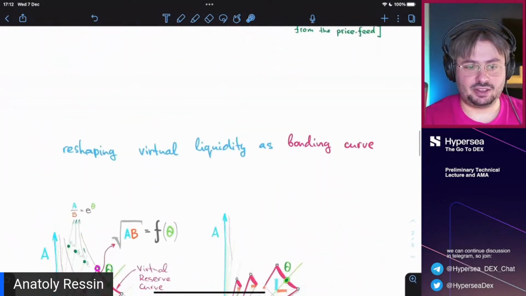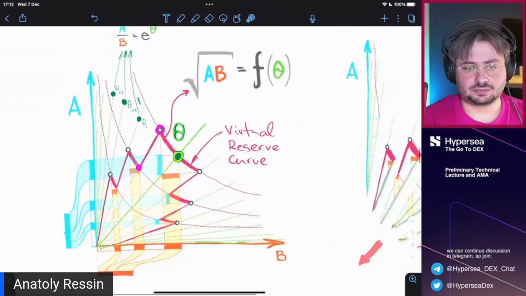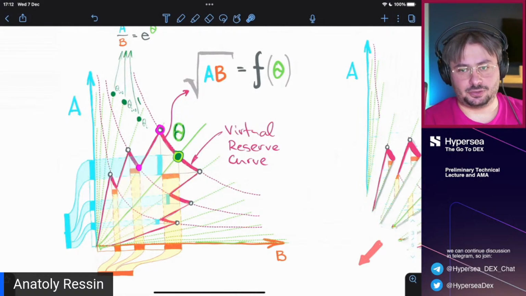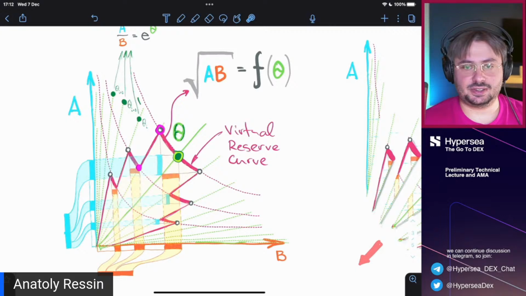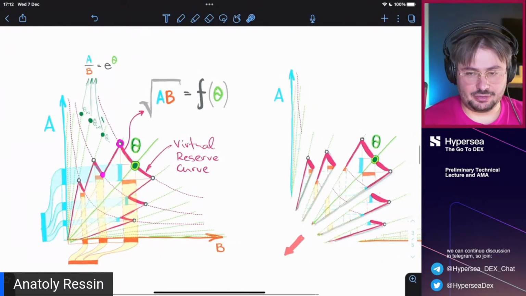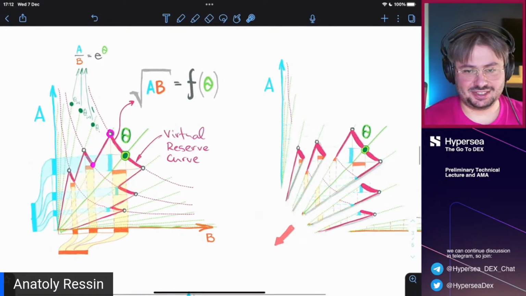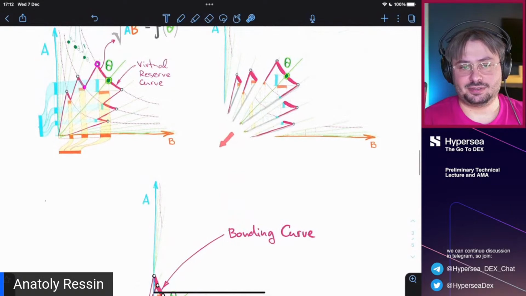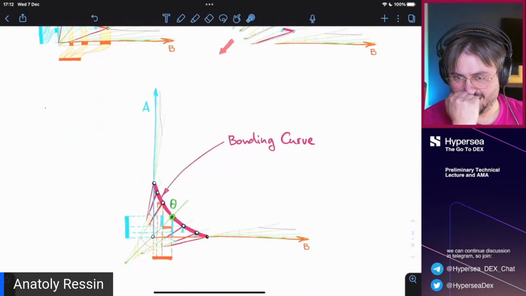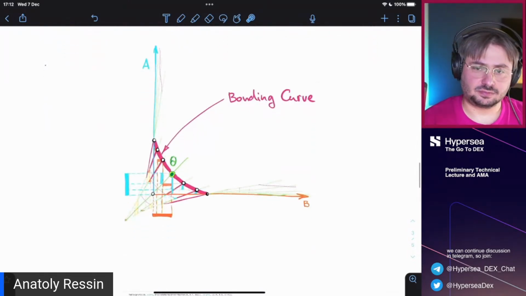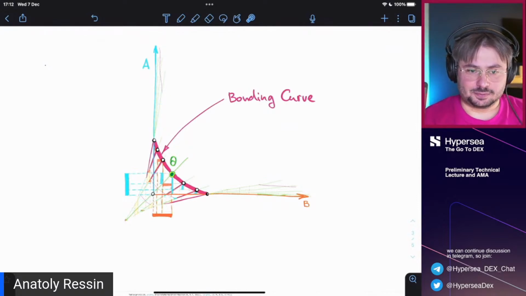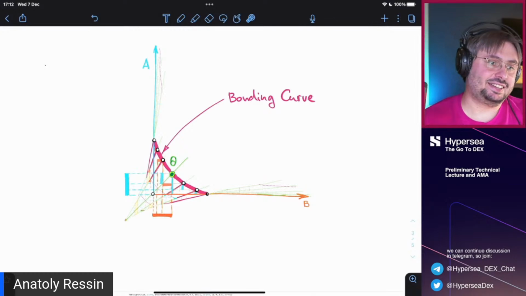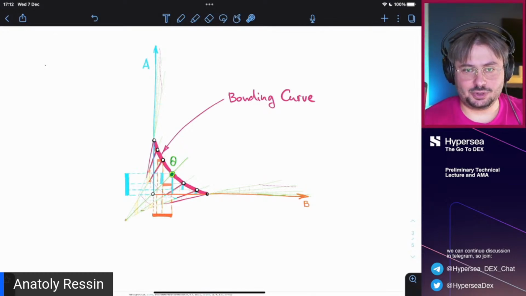And actually, what is happening with Uniswap version 3, the actual curve that is used for trading, it can be visually represented like if you slice this Christmas tree into parts, and then just put all these parts together, then you will obtain the actual trading curve that is being used by Uniswap.